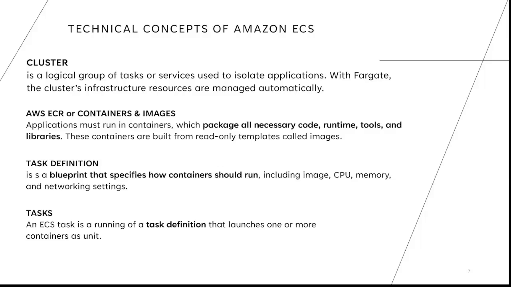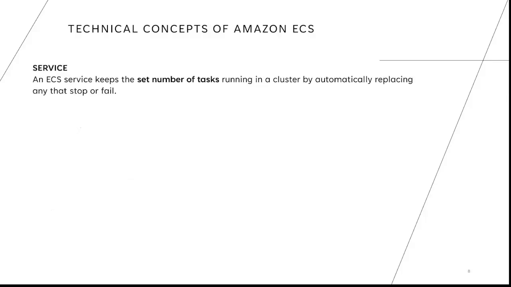And the fifth component is the ECS service. This ensures a specified number of tasks remain running by monitoring the health check of each task and automatically replacing any that stop or fail.